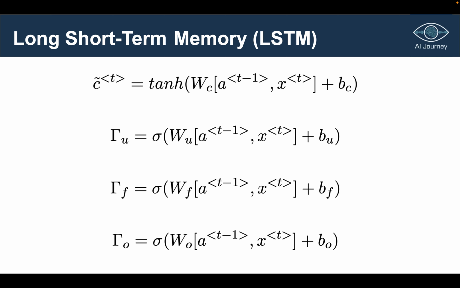So it's the same idea and the same problem we're trying to solve. We're trying to figure out when we need to update the activation or the hidden state and when we don't. So also we leave it to the network to decide, but using 3 gates. So we compute a candidate as usual, and then we compute 3 gates: update, forget, and output.